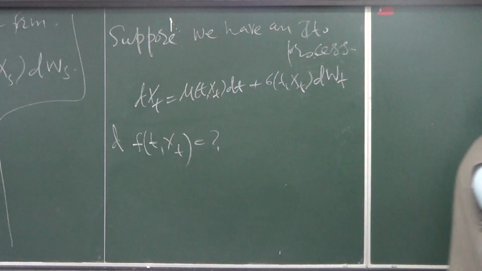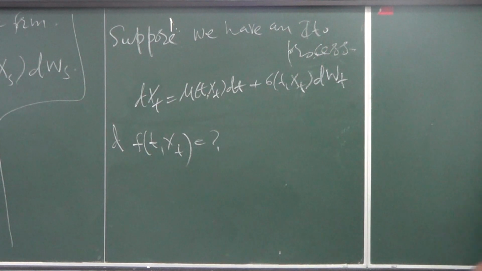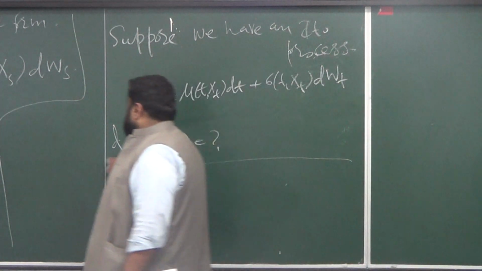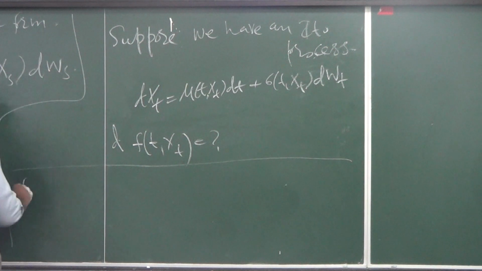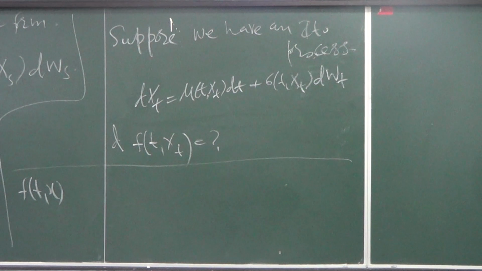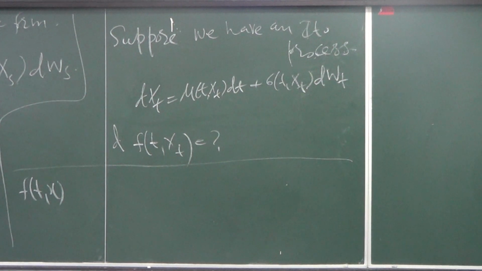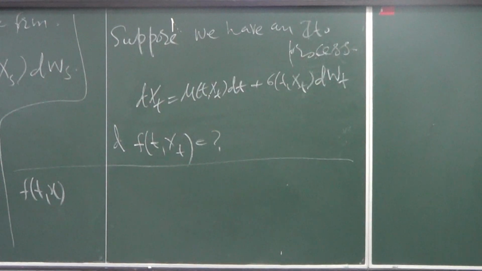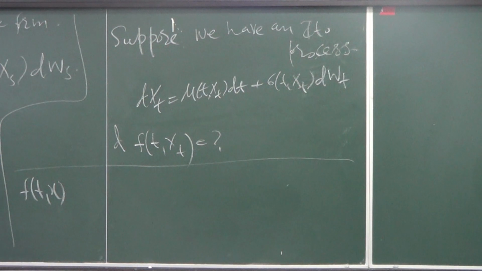In order to know the dynamics of such a process, I'm going to give you a heuristic argument. Let's just start with the Taylor expansion, for example around a point.